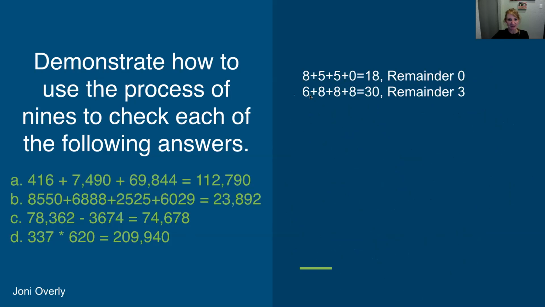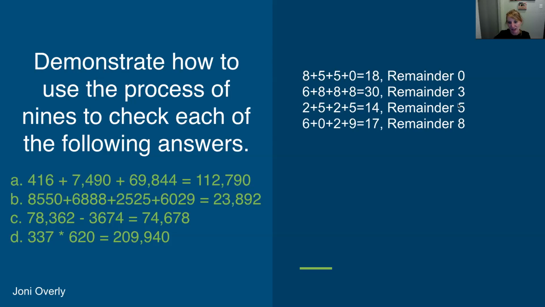And then we have our 6 plus 8 plus 8 plus 8 equals 30, with our remainder of 3. And then we have our 2 plus 5 plus 2 plus 5 equals 14 with a remainder of 5. And then we have our 6 plus 0 plus 2 plus 9 equals 17 with a remainder of 8.